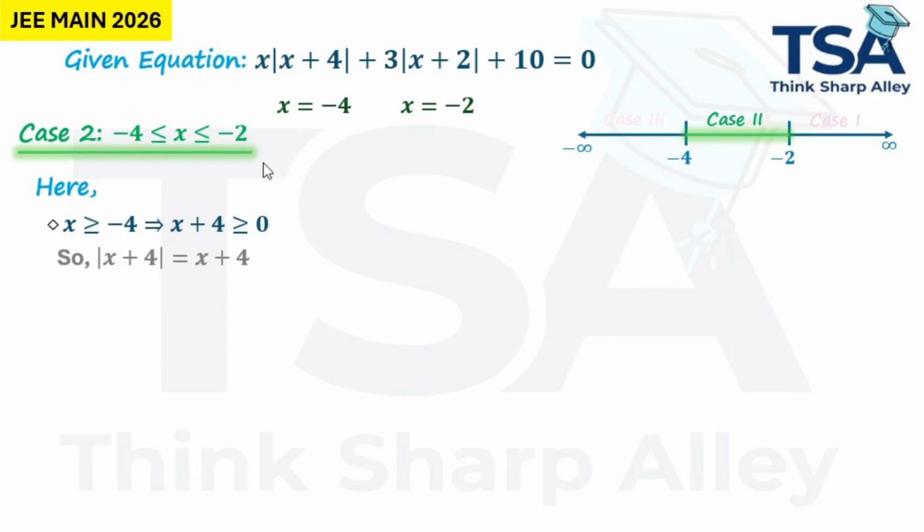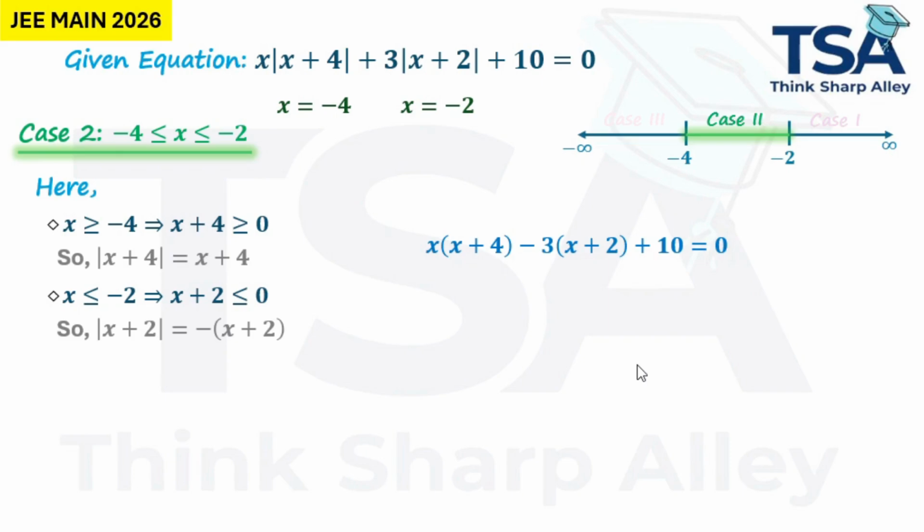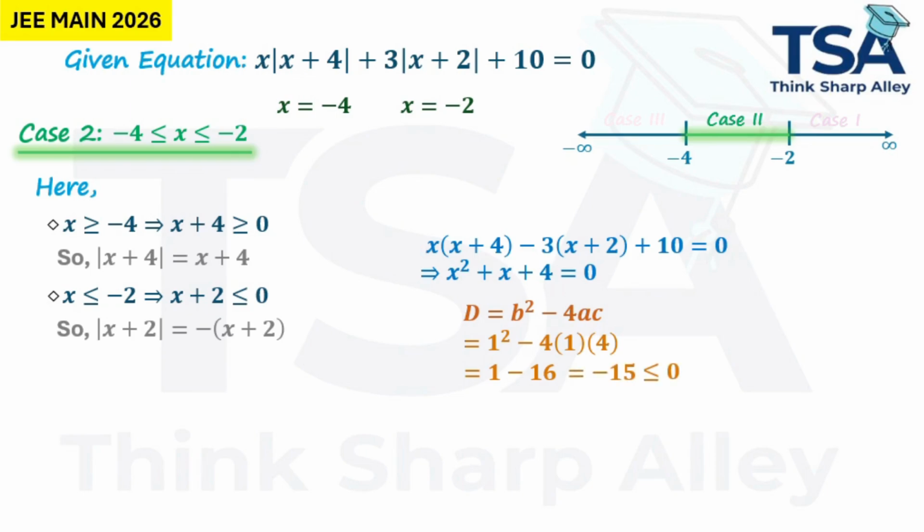But x is less than or equal to minus 2, which makes x plus 2 less than 0. So modulus of x plus 2 is minus of x plus 2. Now substituting these values into the expression, we get x squared plus x plus 4 equal to 0. So let's run our discriminant filter again. We get negative 15 once more.